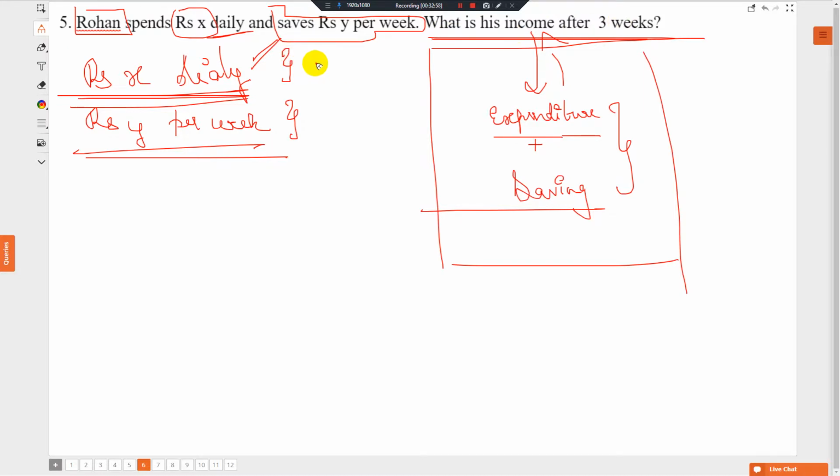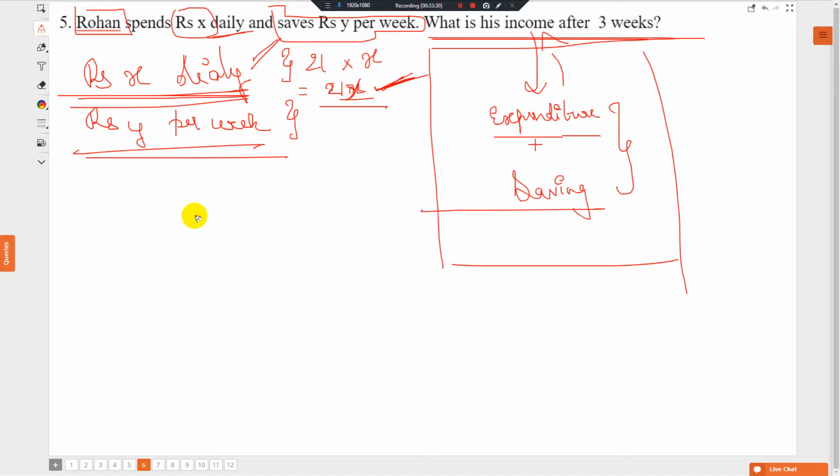So if we multiply, we get 21 into X, 21x. This much he spends daily from his income in 3 weeks.